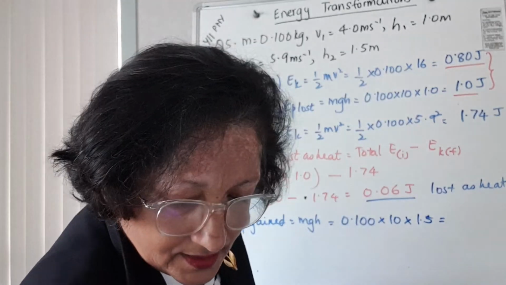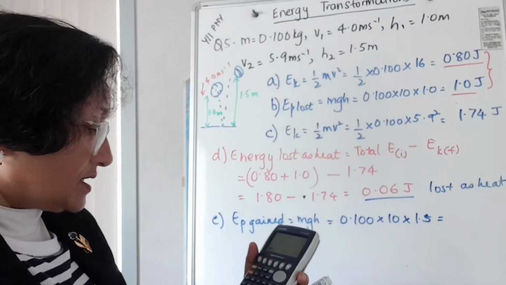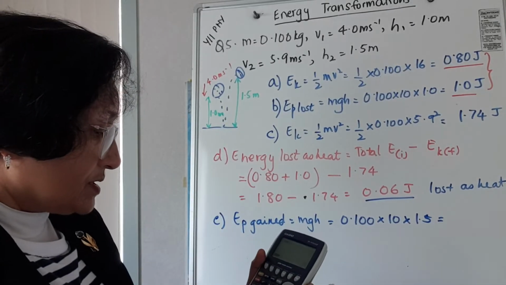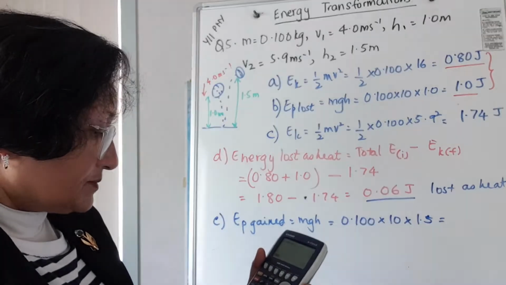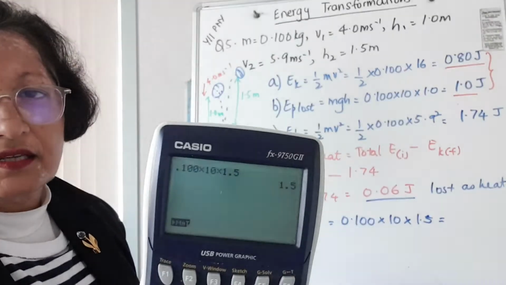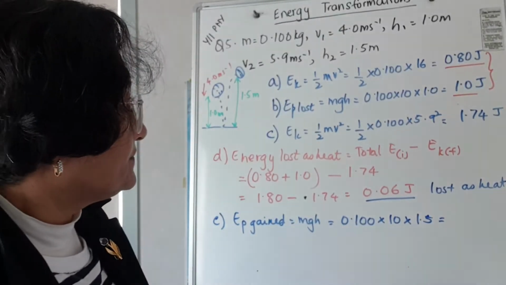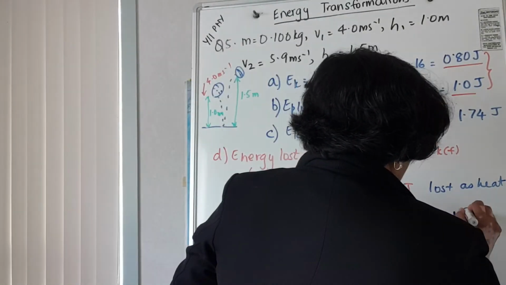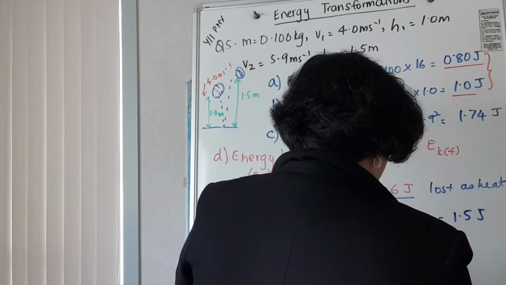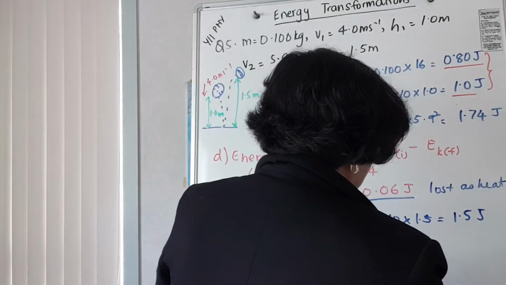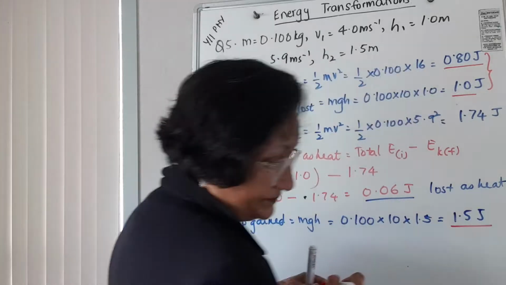So what do you get? I'll tell you how you get that. 0.100 times 10 times 1.5, and you get 1.5 joules. So you're getting 1.5 joules. Okay? So that's as much as it gains.